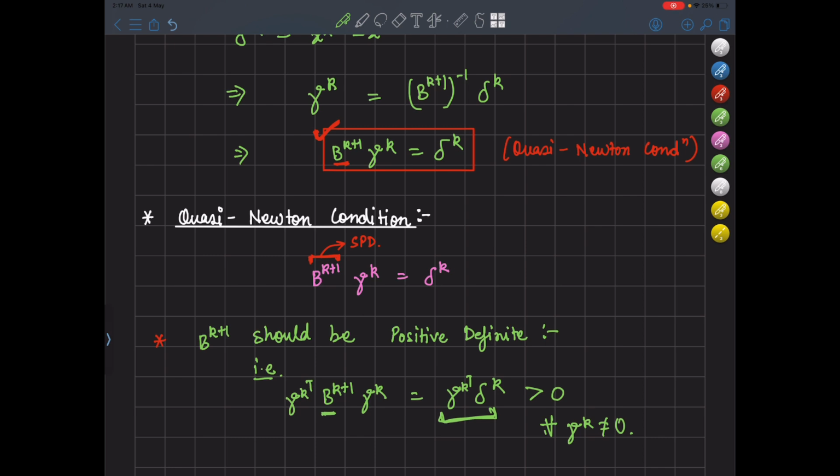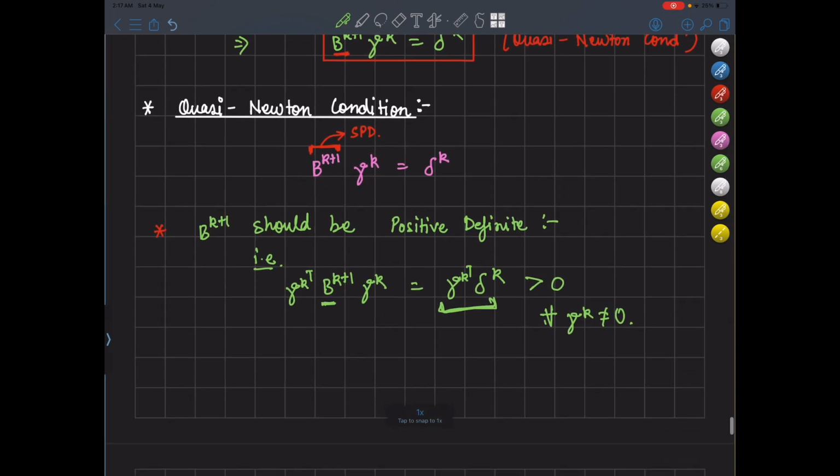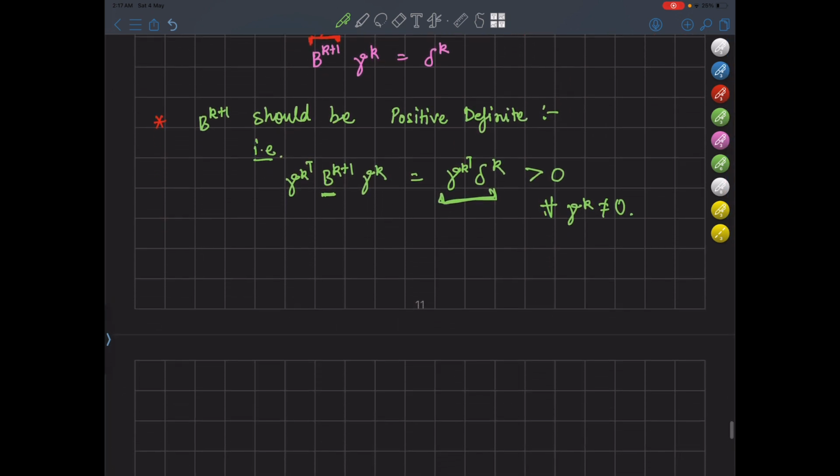Now let's say, while finding the step length alpha k, we use Wolfe's condition.